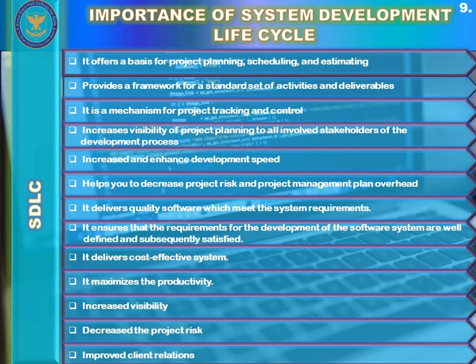Scheduling means making schedules or timetables for completion of certain steps, phases or activities. It also offers estimation of budget or cost. So the importance of the system development lifecycle is that it offers planning processes, scheduling processes, and the estimation of budget and cost.